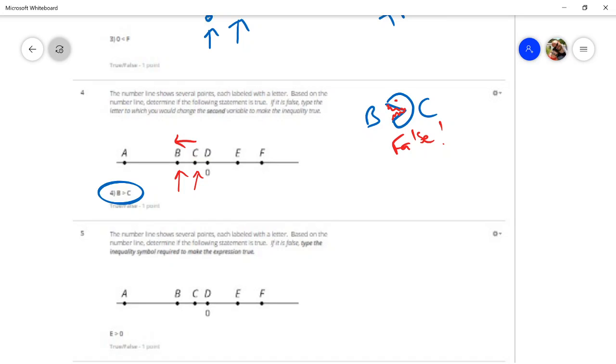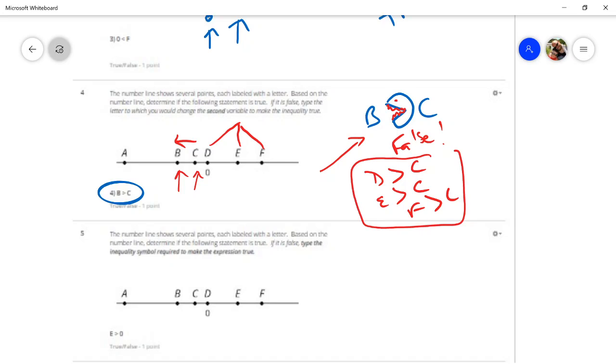If we're going to change it, what would we change the B to? Well, we could change it to D, E, or F. So D is greater than C, E is greater than C, F is greater than C. All of those would be correct.